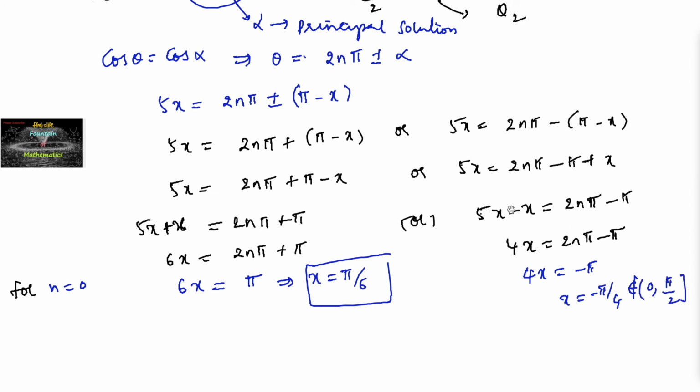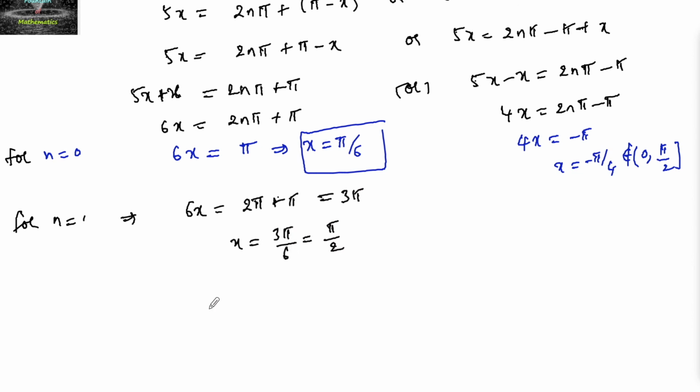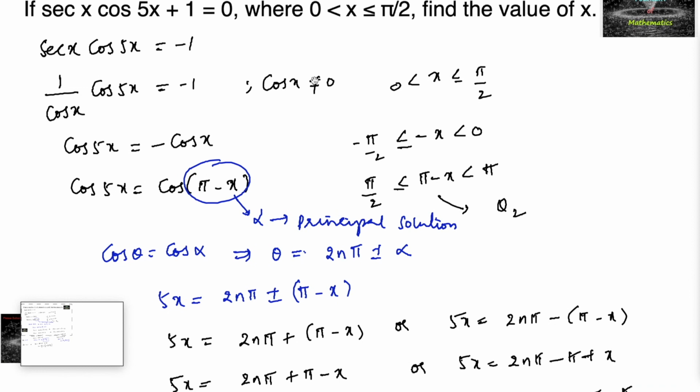Now let us consider n is equal to 1. For n is equal to 1, 6x is equal to 2 into 1 into pi, that is 2 pi, plus pi, which is equal to 3 pi. So x is equal to 3 pi upon 6, which is equal to pi upon 2. So x is equal to pi upon 2 belongs to 0 to pi by 2, but for x is equal to pi by 2 the given equation is not satisfied because cos x cannot be equal to 0.